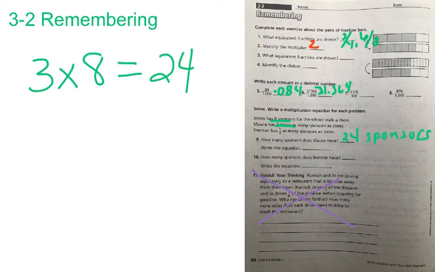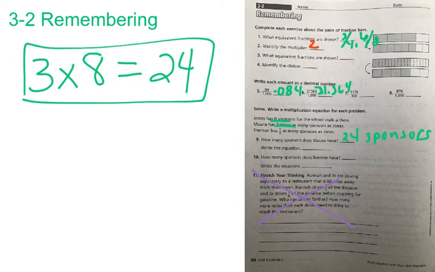And then it says write the equation, which we've already written over here. 3 times 8 equals 24. You're going to go ahead and do the same thing for number 10. Remember, there's 2 parts. How many sponsors does Trenton have? And we're looking for the answer. And write the equation is your second part of that question.